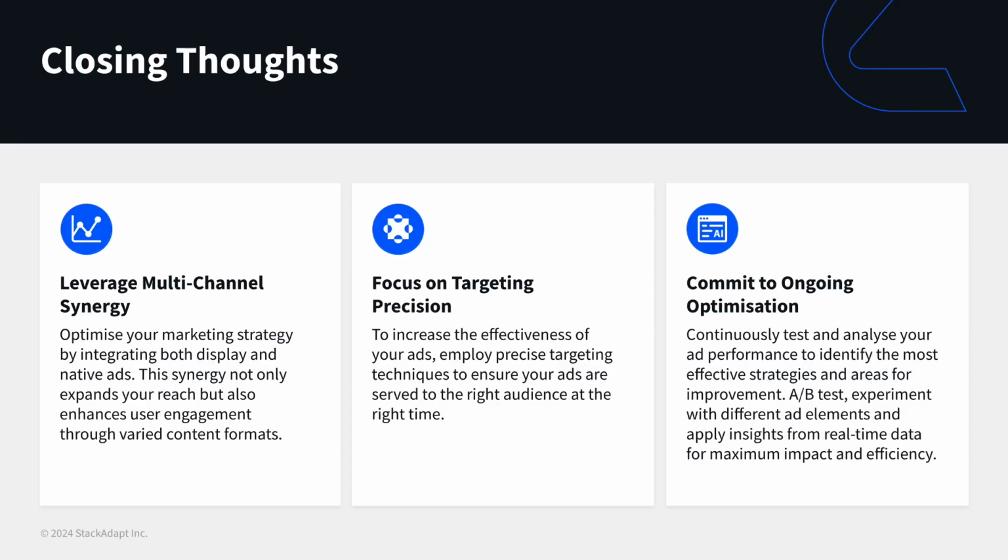So hopefully we've covered quite a lot today with regards to display and native. Our thoughts really are that by leveraging more than one channel, you've got a much better chance of optimizing campaigns, broadening the reach, and delivering really good ROI for your campaigns.